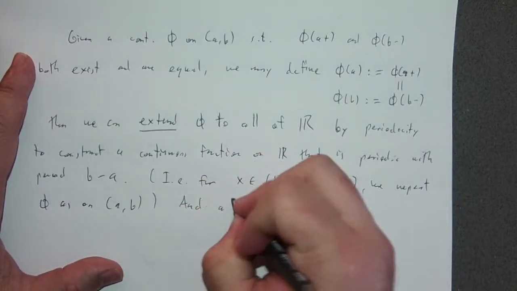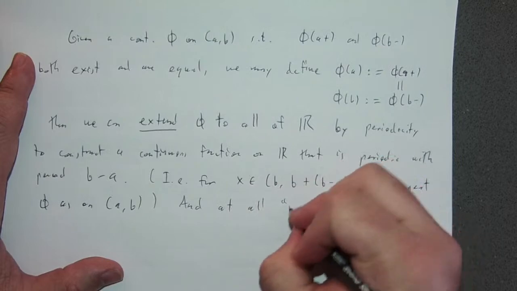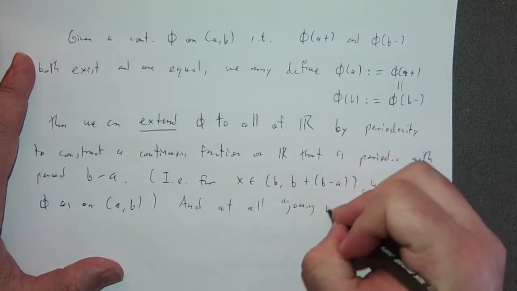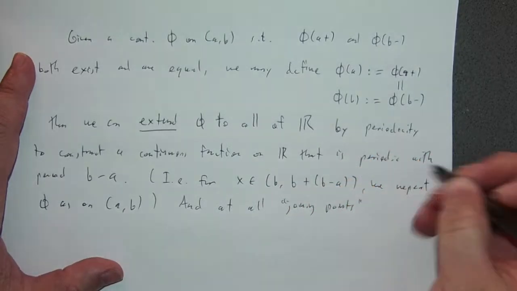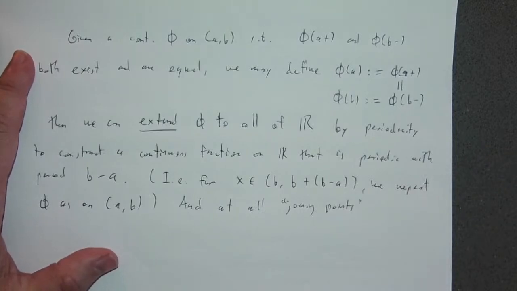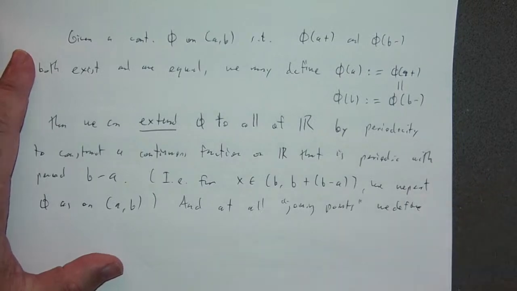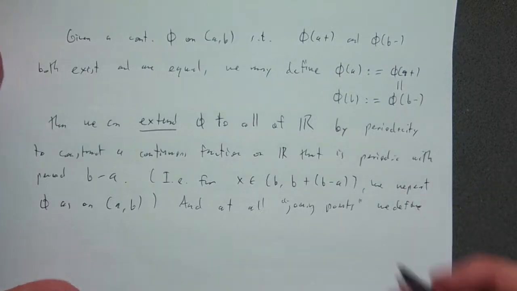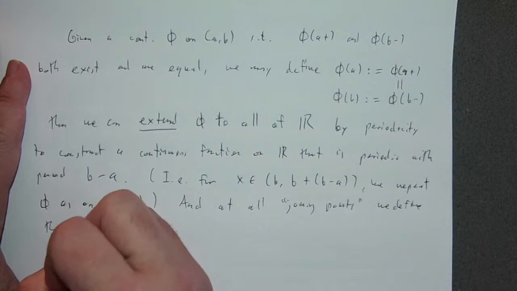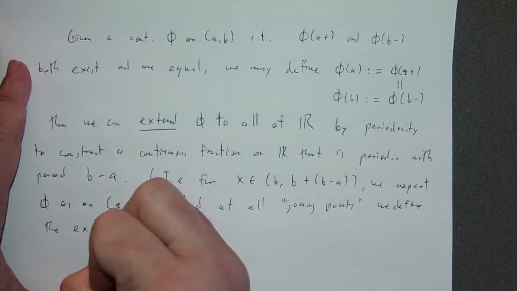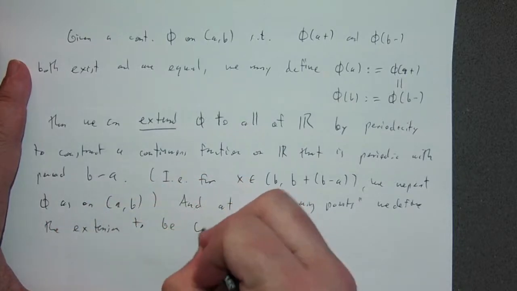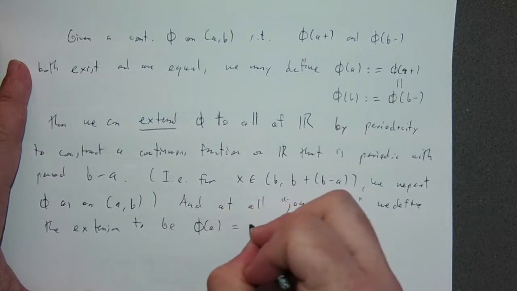And at all joining points, we define the extension to be phi of a, which is equal to phi of b.